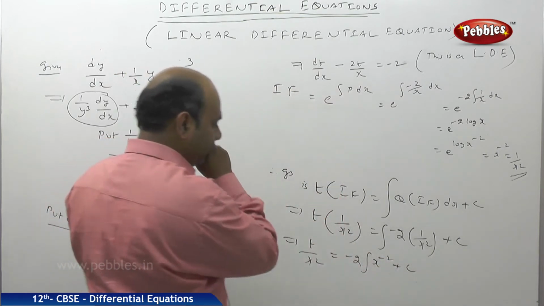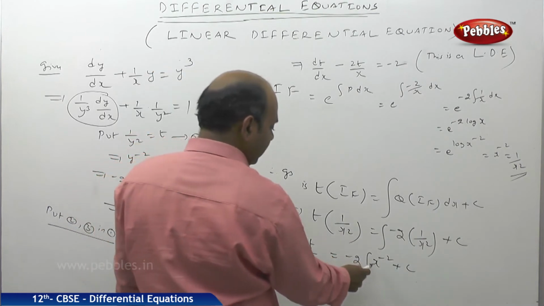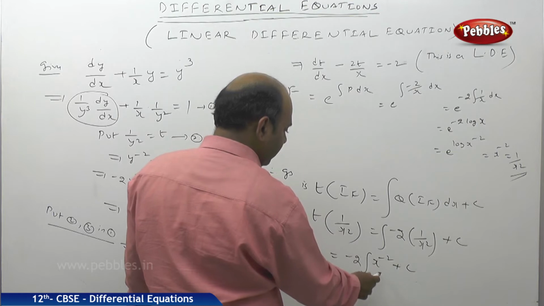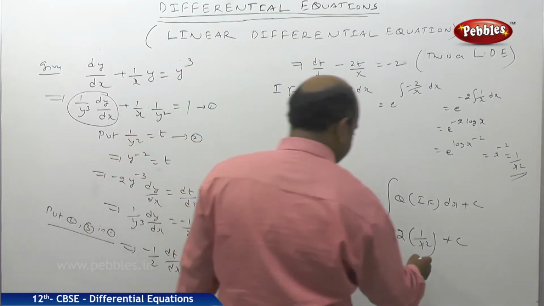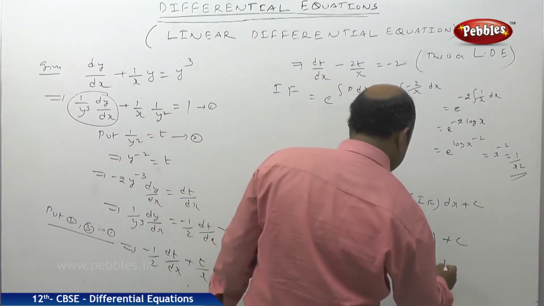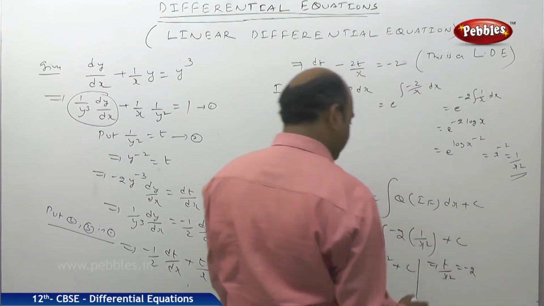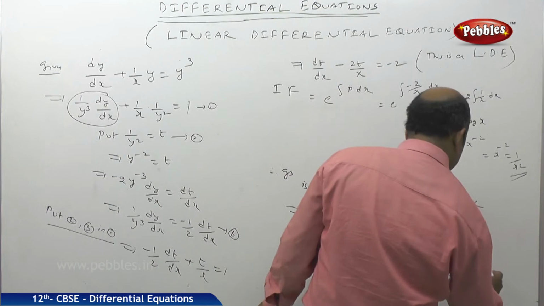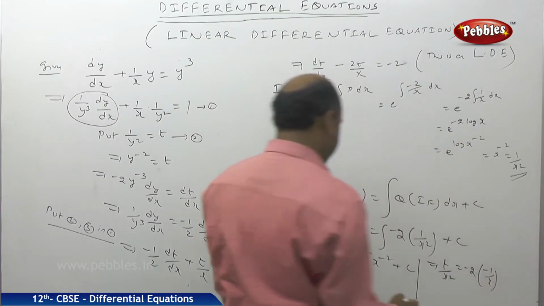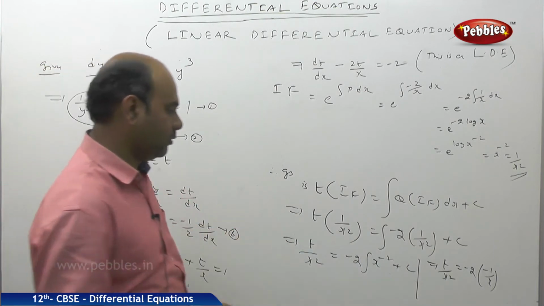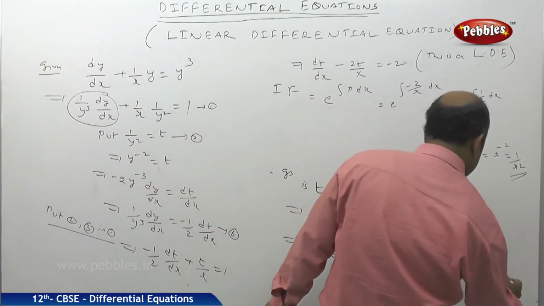So finally, t by x square, integral of x power minus 2 means x power minus 2 plus 1 by minus 2 plus 1. That implies t by x square is equal to minus 2 into minus 1 by x, plus c.